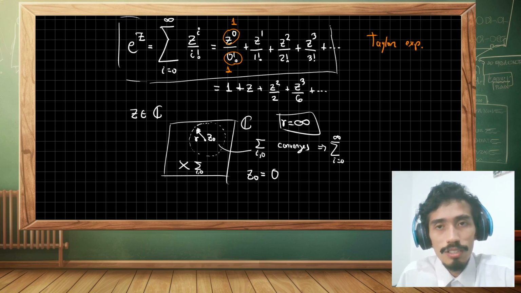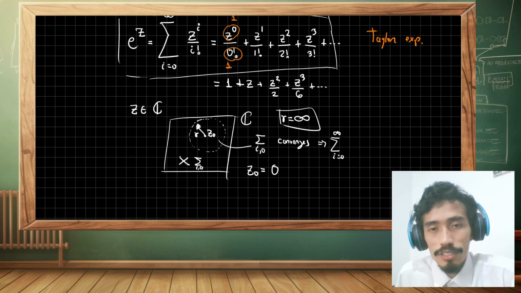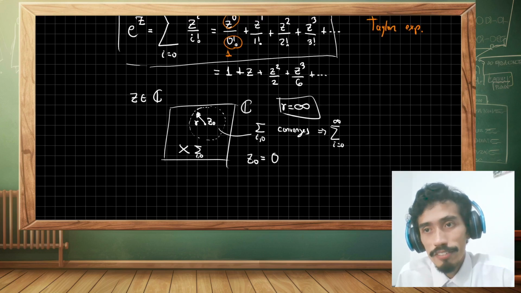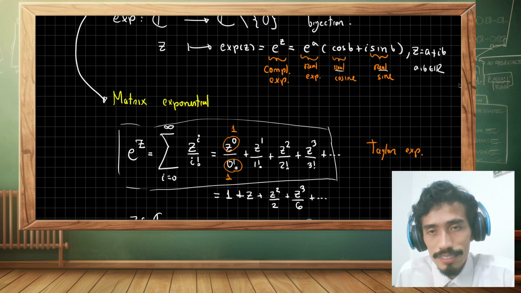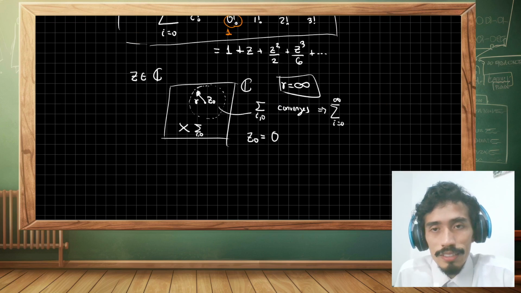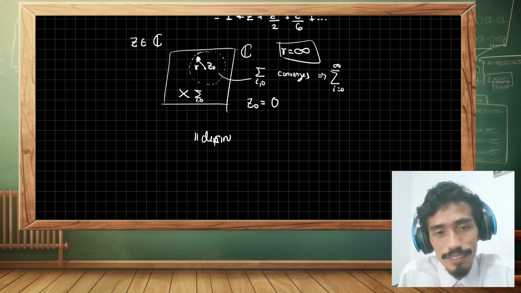This is a very compact form. So the Taylor expansion has an infinite radius of convergence for the complex exponential, and since this is the case, we can define the complex exponential by its Taylor expansion.